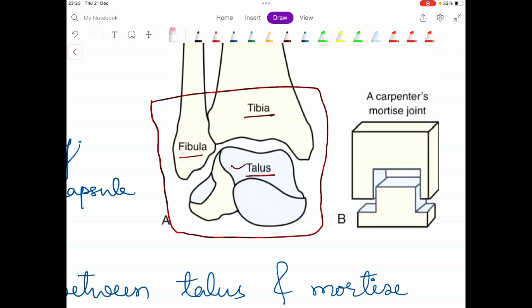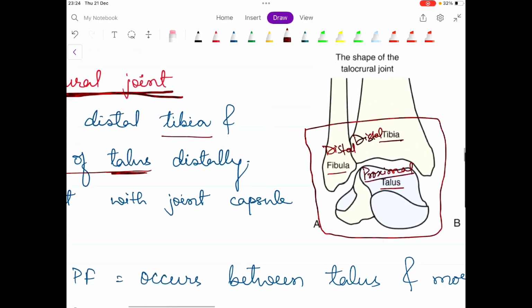Okay, and if you want to be more particular about it, then you can also say that the proximal part of the ankle complex includes the distal tibia and distal fibula, while the distal part of the ankle complex includes the proximal part of the talus. It would be the right thing to call it.